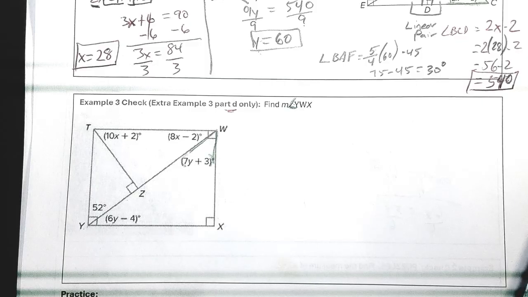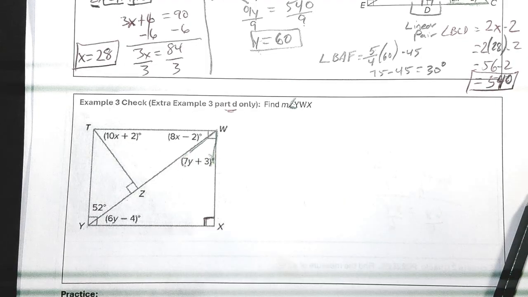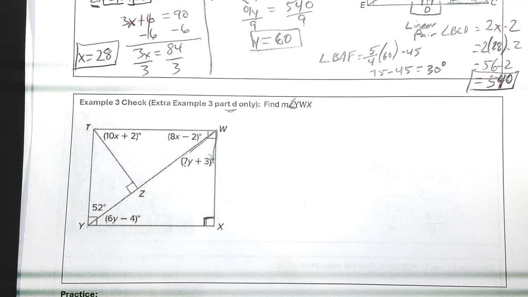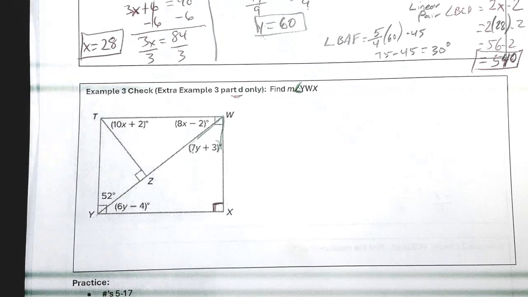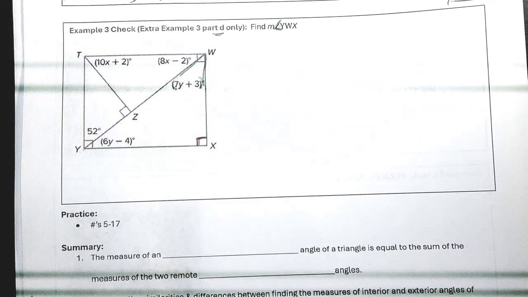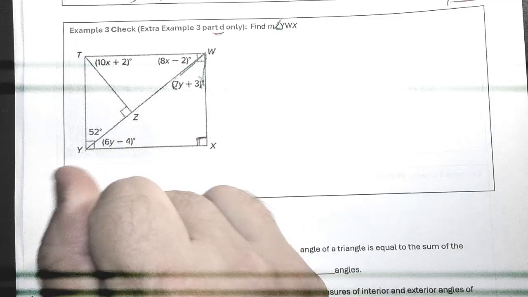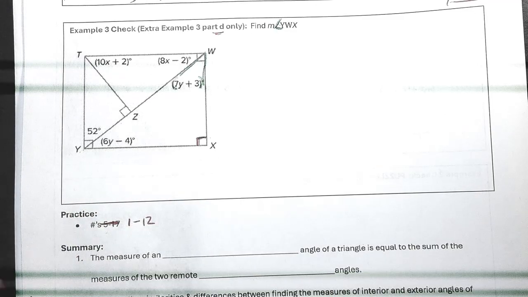Notice this guy. So for those listening and not just taking notes, you'll see the angle they want plus that other angle equals 90 because this guy. So that's how you'll go about solving for that.